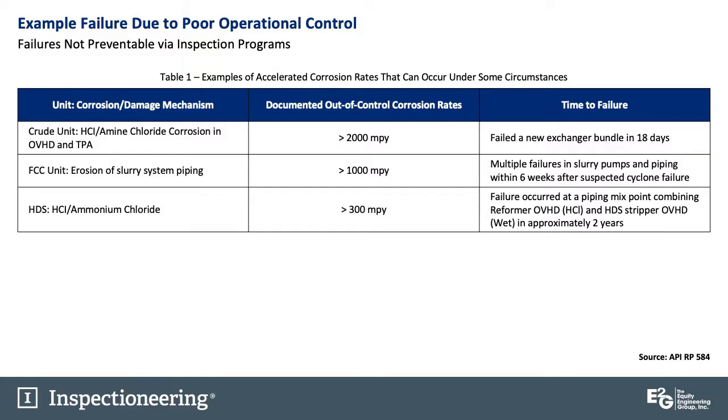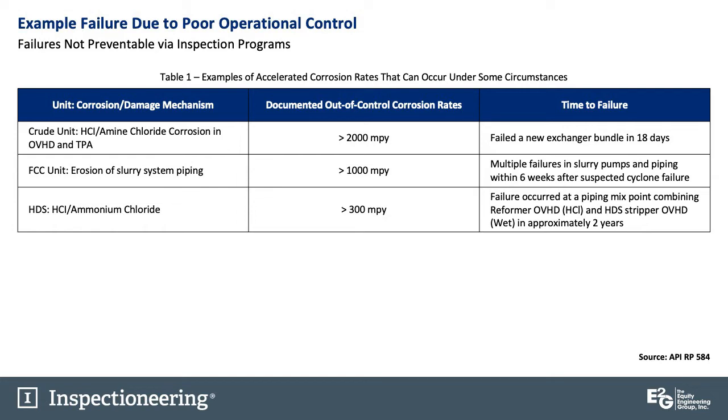And then this third example is an HCl ammonium chloride failure at a mix point, where a reformer overhead stream containing dry HCl met up with a wet stream in a HDS unit stripper overhead. And as many of you on this webinar know, when you mix moisture with dry HCl, you form hydrochloric acid, which can be extremely corrosive.